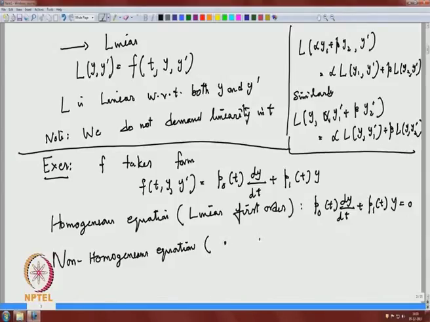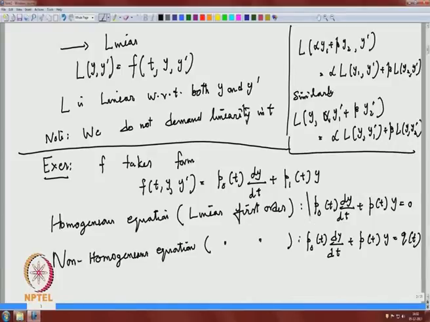again linear first order, will take the form p naught of t dy by dt plus p1 of t y equal to, we will take p of t here, equal to q of t, you see.